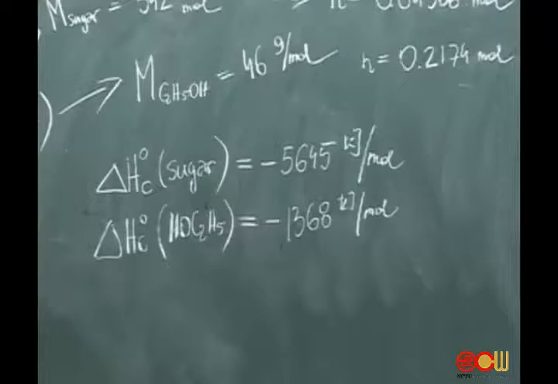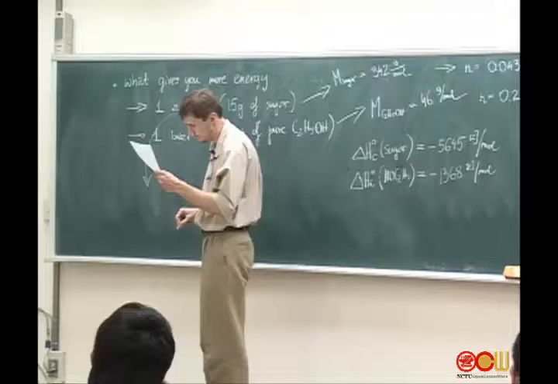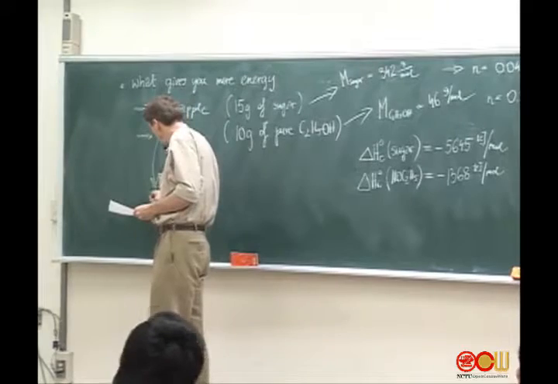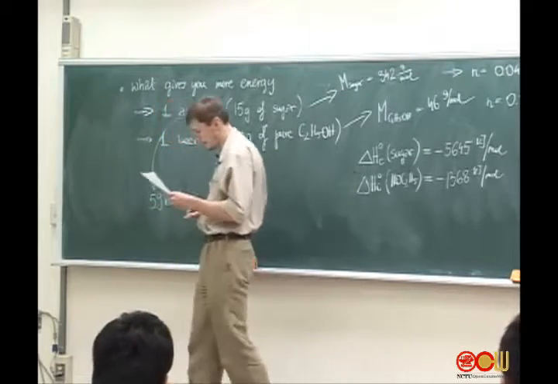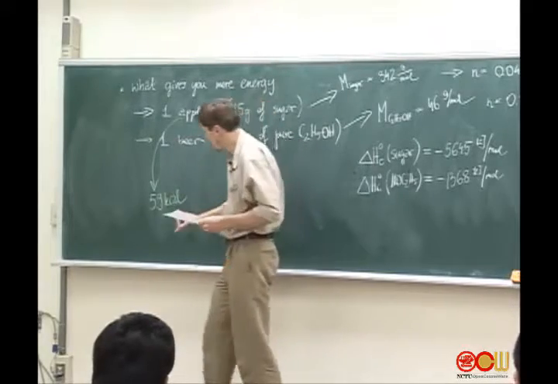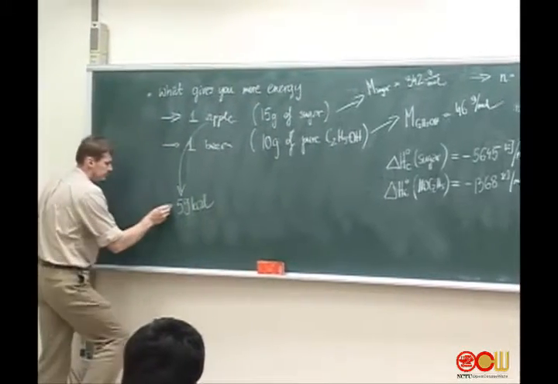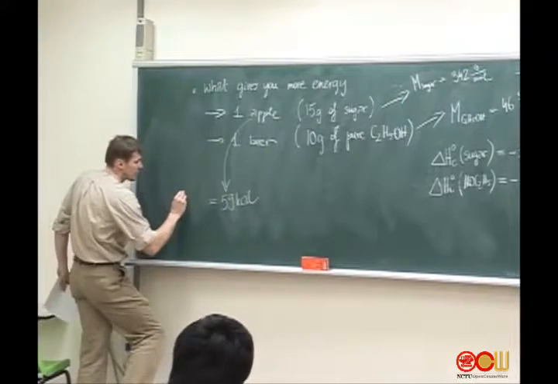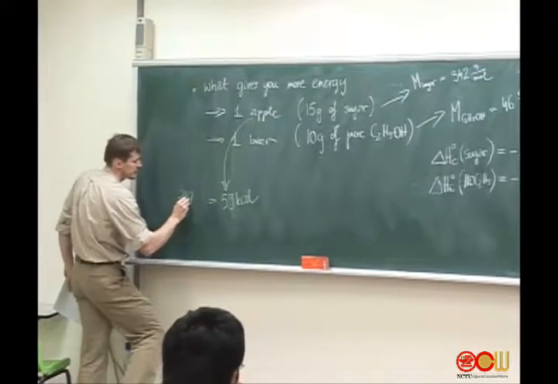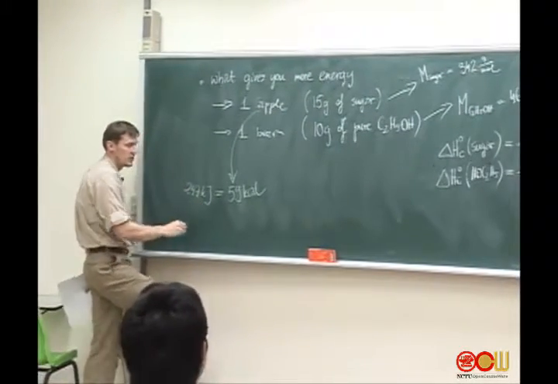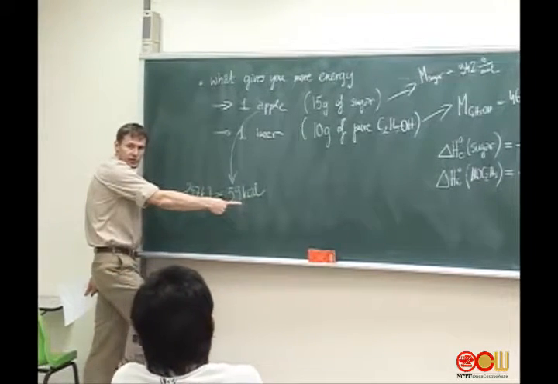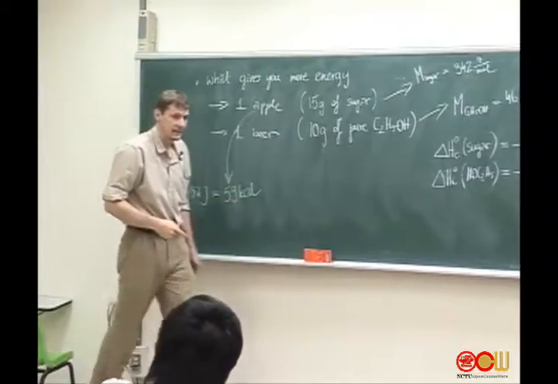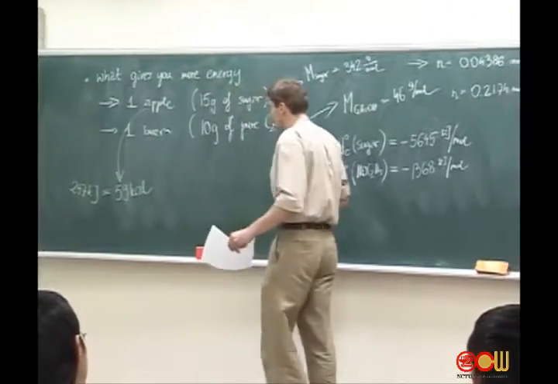Good. So you are able to multiply these numbers, and you find that one apple gives you around 59 kcal. I mean, you calculate it as 247 kilojoules, but usually the calories are given in these units, so I converted it so that you can compare directly with Tic Tacs, for example.